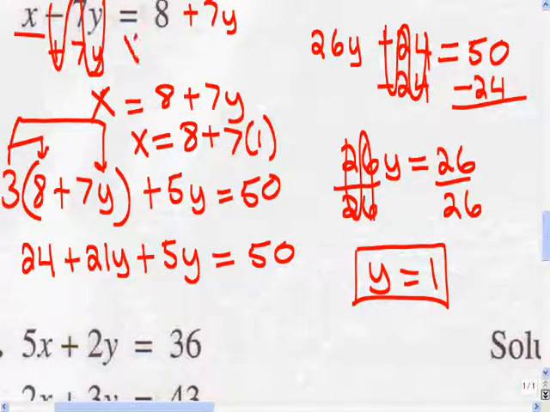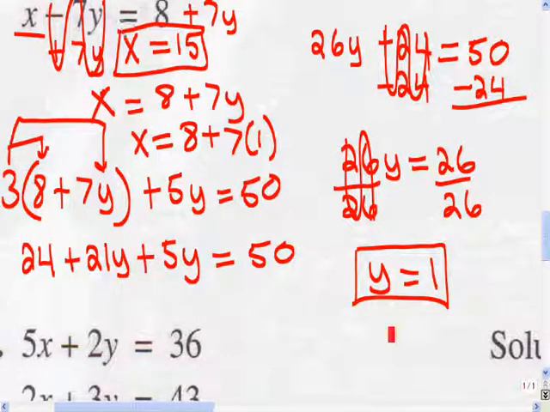So what's 8 plus 7 times 1? Well, 7 times 1 is 7, and 8 plus 8 is 16, so 8 plus 7 has to be 15. So my answer is x equals 15 and y equals 1.